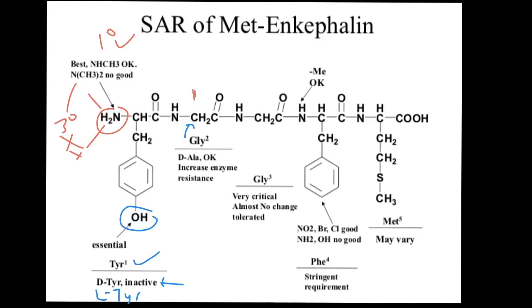You have a CH3 group attached over here at the CH2 group, the glycine group. This makes it D-alanine, which is acceptable, and it also increases enzyme resistance. Here's another glycine group. However, at this glycine, you cannot change it. It's very critical. So you cannot put a D-alanine there or else you won't get any activity.